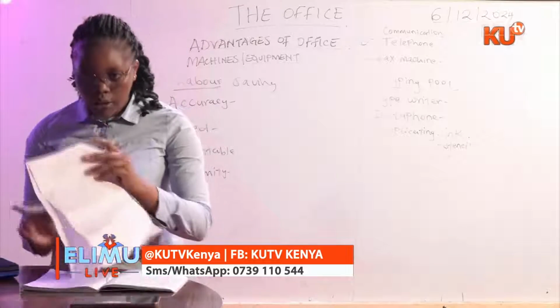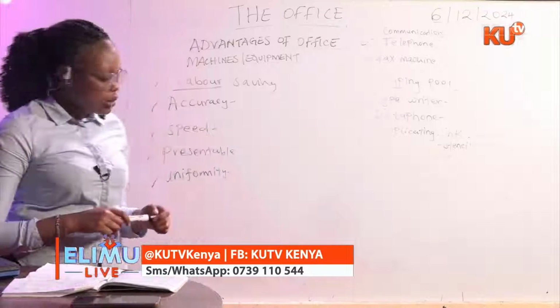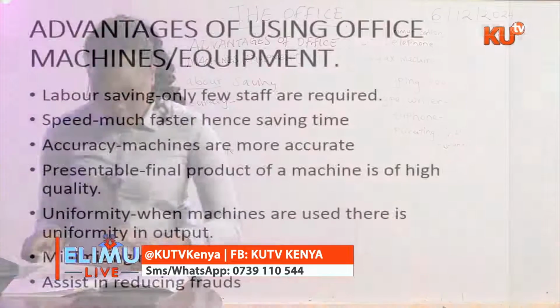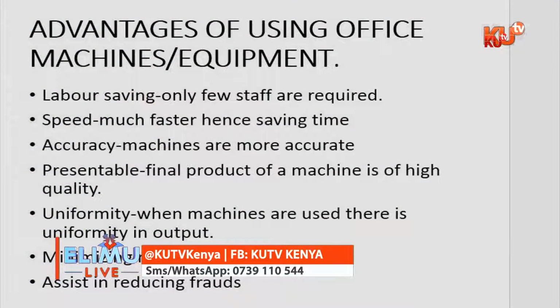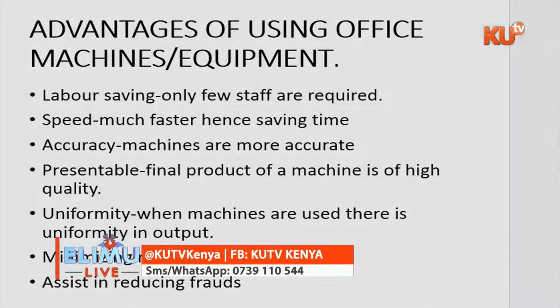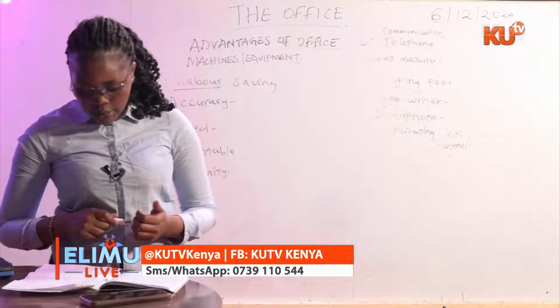Also, machines help us in minimizing costs. It is also an advantage of using office machines. Also, it assists us in reducing frauds. Machines help us in reducing frauds and theft.